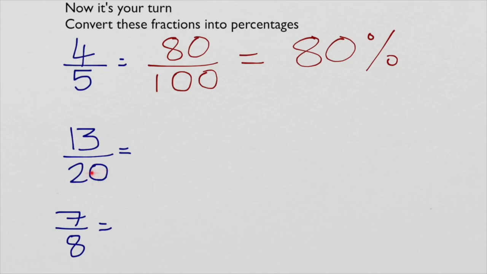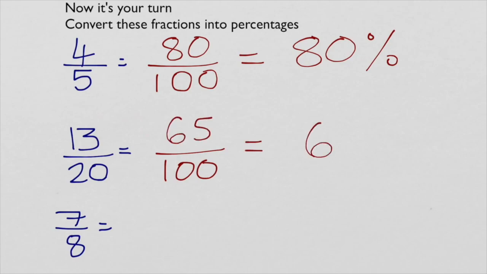Is 20 a factor of 100? Yes, it is. So I write my fraction over 100. 20 goes into 100 5 times. So then I times the 13 by 5 as well, and I get 65 over 100, which is the same thing as 65%. And lastly, 7/8.